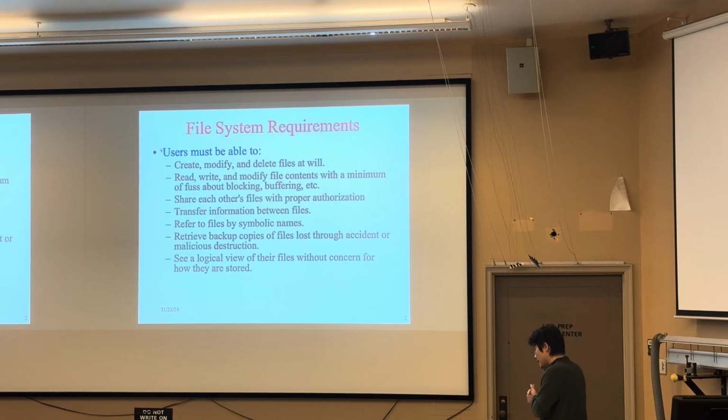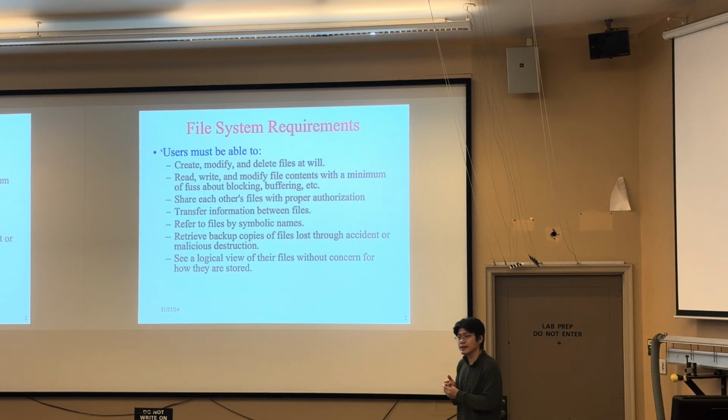But internally, on the disk, the file system is an organization of external storage. On disk, everything is just blocks. A hard drive is divided into blocks or sectors, so it does not have this tree structure.